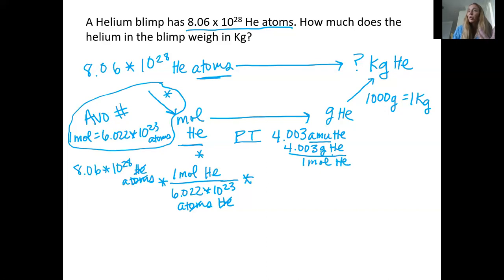And because it's a ratio, I can use it either way with grams on the top or grams on the bottom, or vice versa. So when I go back to my equation, I should have written this lower, I'm sorry. But when I go back to this equation, I notice moles of helium are at the top. So I need to move moles of helium at the bottom. I'm going to draw this line out, and 1 mole of helium is going to equal 4.003 grams of helium.